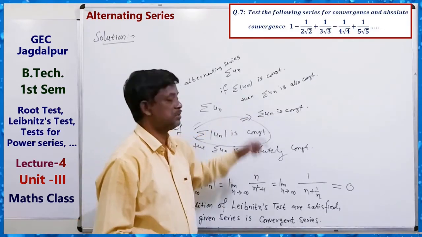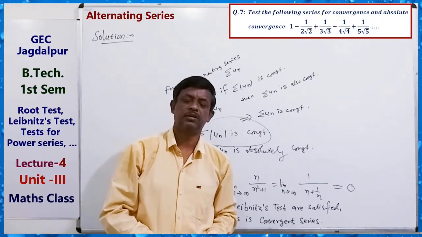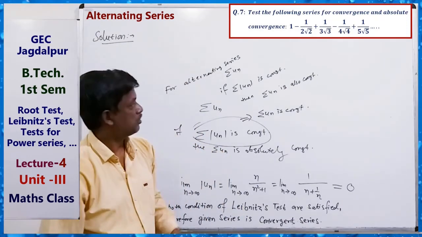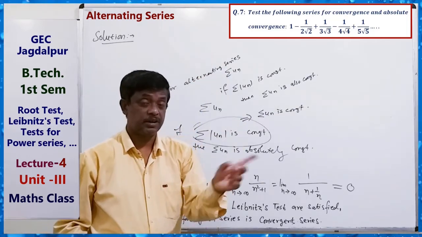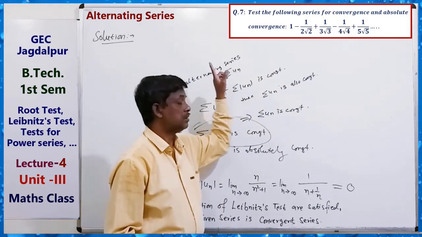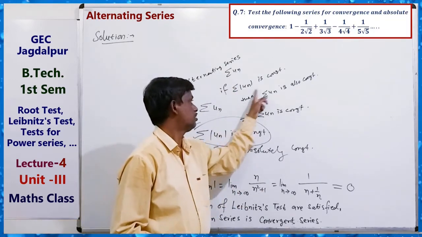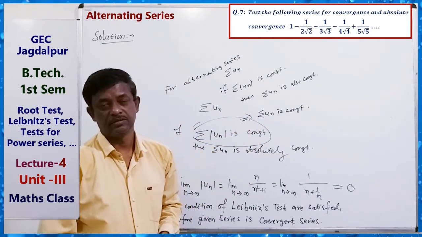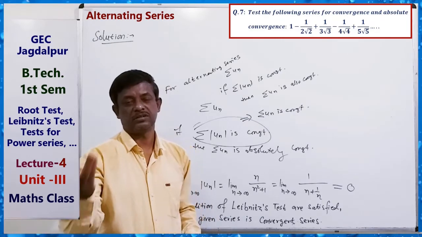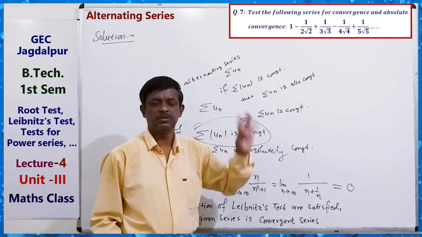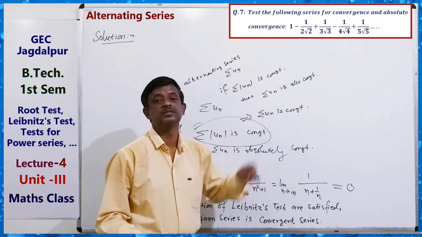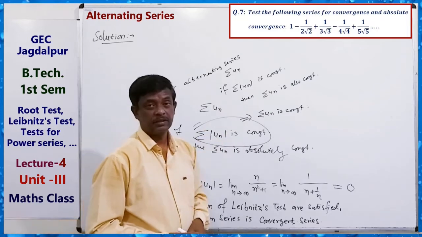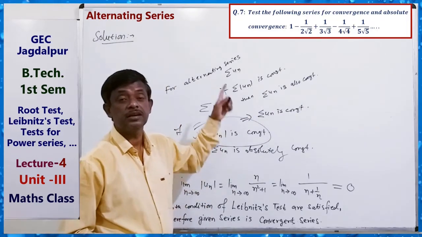So for a series of positive terms, we can use any of the tests we have already discussed, like comparison test, ratio test, etc. So for testing the convergence of an alternating series, we just have to test the convergence of this, that is, absolute convergence, and we can use the ratio test, etc., because all the tests can be applied here as this is a series of positive terms.